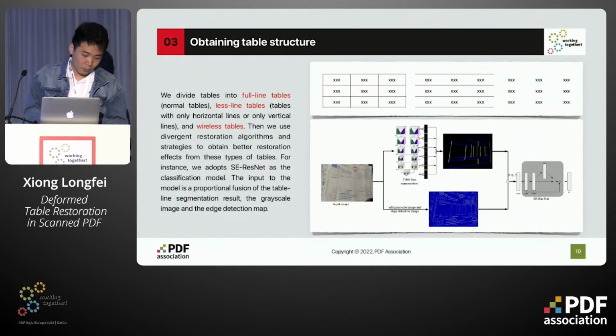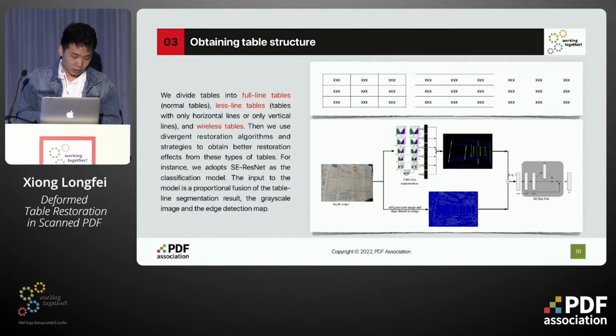In order to cope with the tables of different scenarios, we divide all tables into three categories: 4-line table, 3-line table, and wireless table, as shown on the top right, so that targeted design strategies can be made.